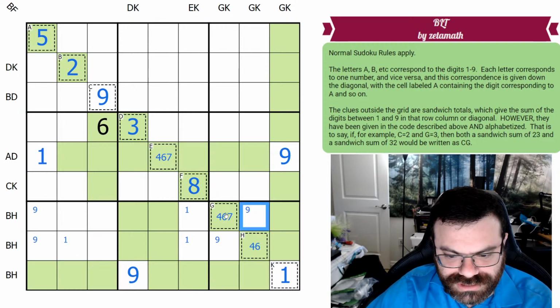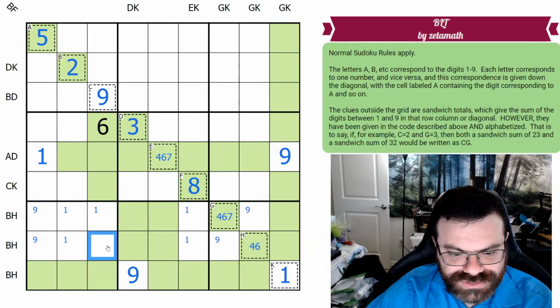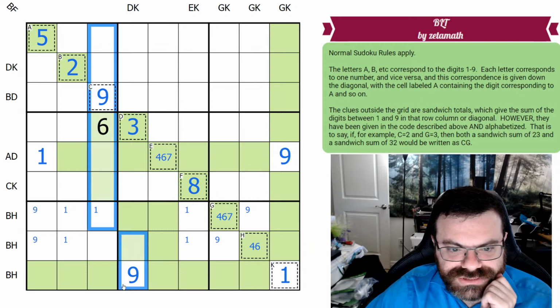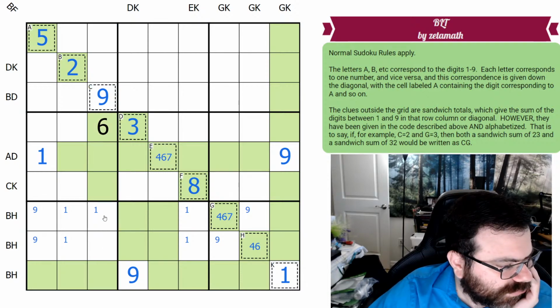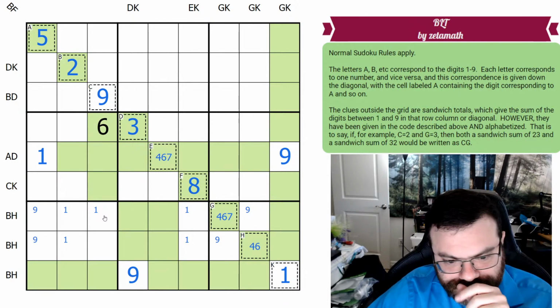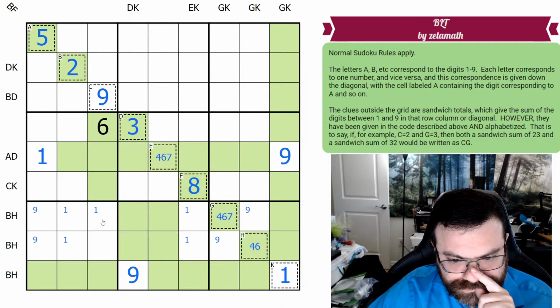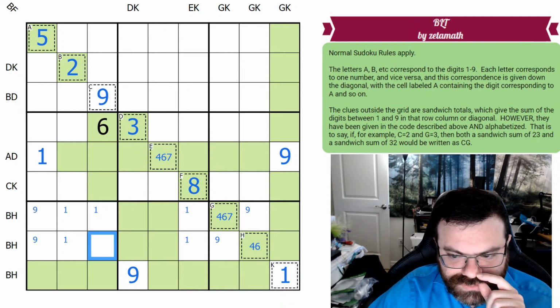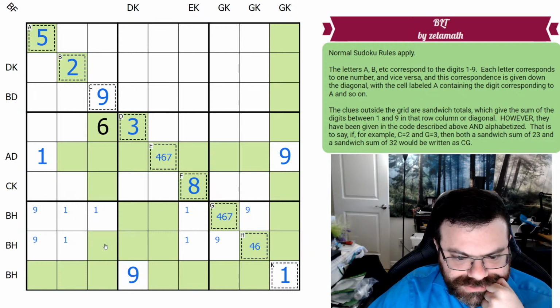If this were the 9, the 1 would be one of these two. We don't know this column sum. So that means this one's never a 1 or 9.